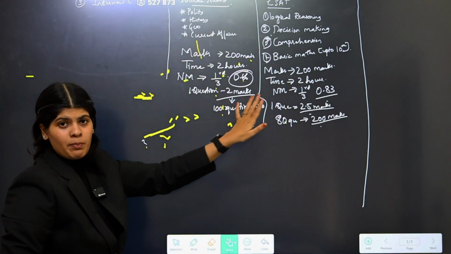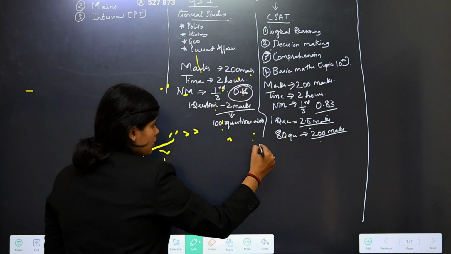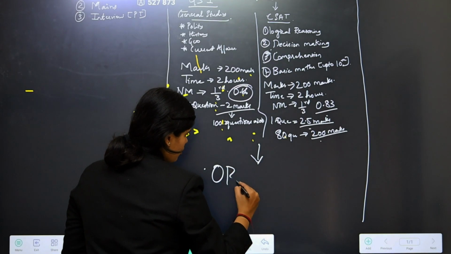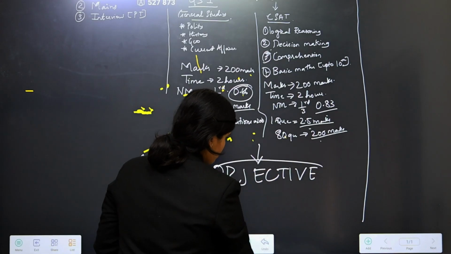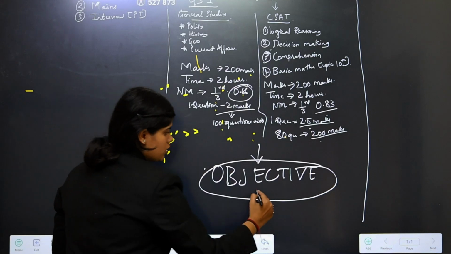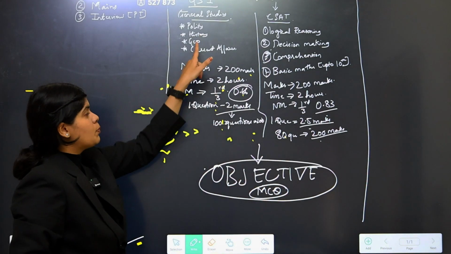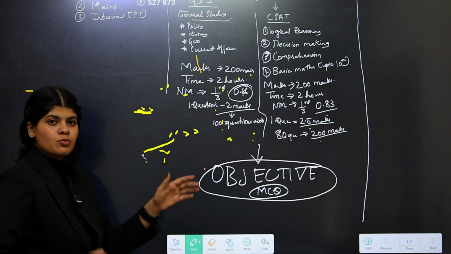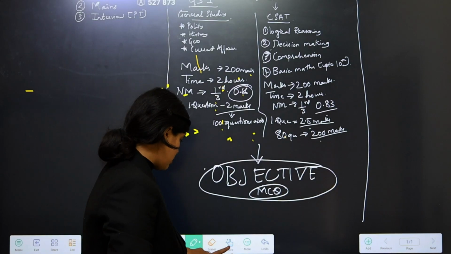The entire paper of prelims is objective, which is MCQs. Both paper 1 and paper 2 are going to be objective MCQ type. Now let us move ahead to understanding the pattern for mains.